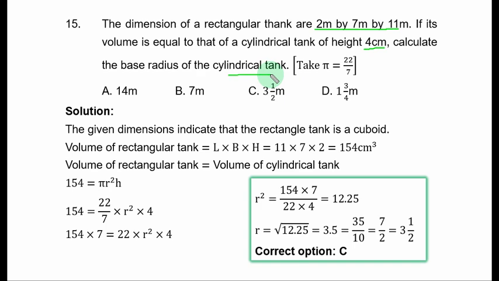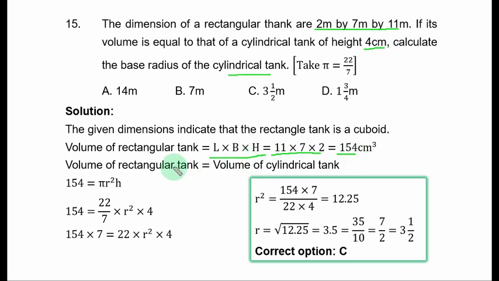You equate it to the volume of a cylinder, then you can get the radius of the cylinder. So for the rectangular tank, the volume is length times breadth times height, and that is 11 times 7 times 2, and that is 154 cubic centimeters.